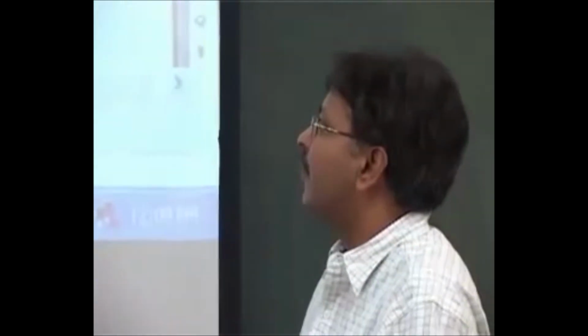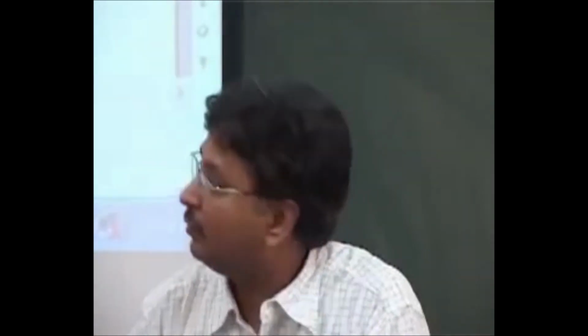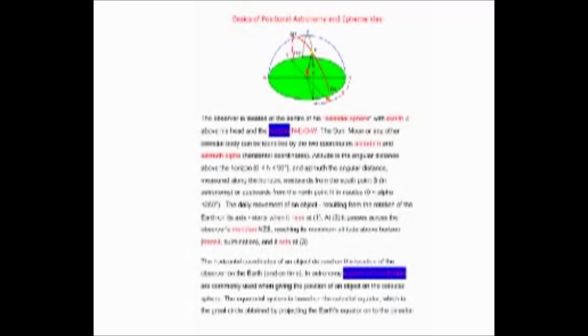If you recall, yesterday we had very quickly gone through these slides and we had defined the H and the alpha, okay, that you recall, but this was onto the horizon.